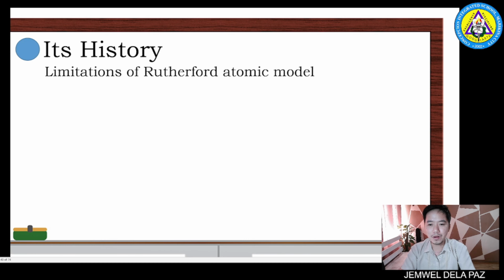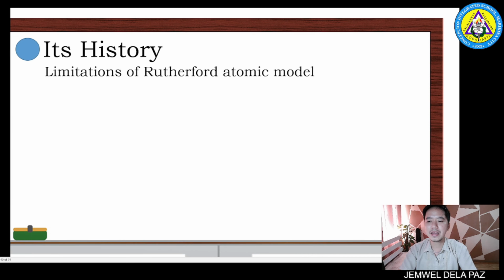Unlike the plum pudding model, where the electrons are embedded randomly, in Rutherford's atomic model, the electrons must surround the center. They must revolve. They must move around the center, which he called the nucleus.